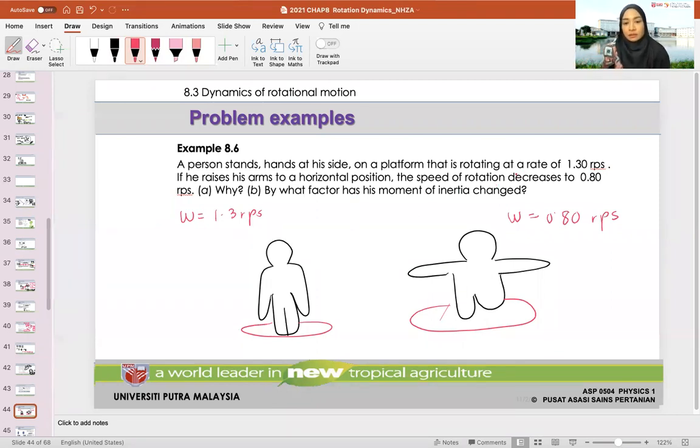Okay, so first question here, I want to ask you guys, is there any torque applied on this guy on this platform? Is there any torque applied? Let's discuss this. Is there any torque? Soalan senang je.